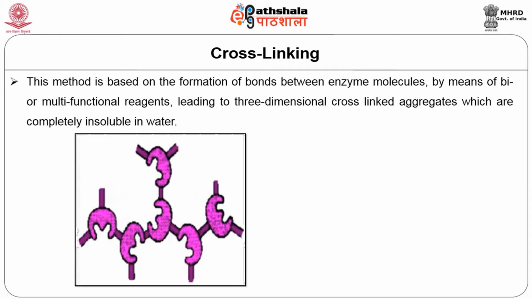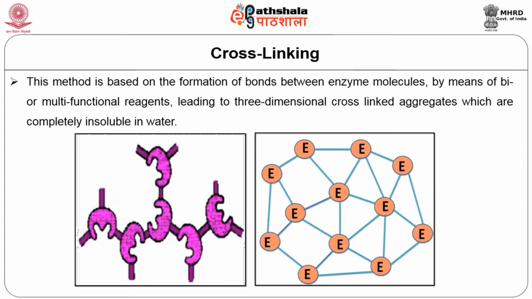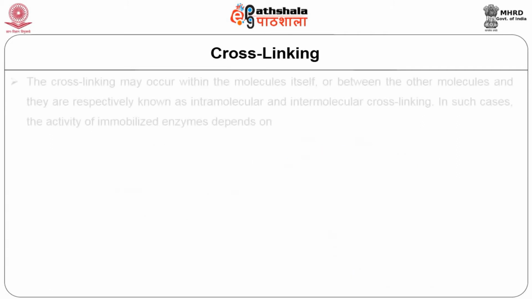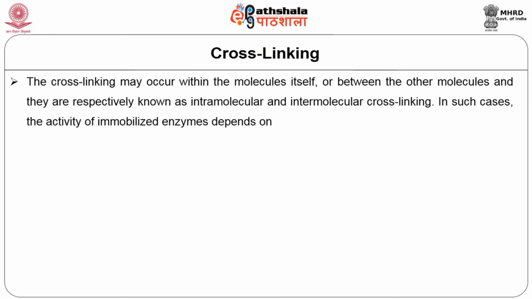The next method is cross-linking. This method is based on the formation of bonds between enzyme molecules by means of bi- or multifunctional reagents, leading to three-dimensional cross-linked aggregates which are completely insoluble in water. The cross-linking may occur within the molecule itself or between other molecules, and they are respectively known as intramolecular and intermolecular cross-linking.